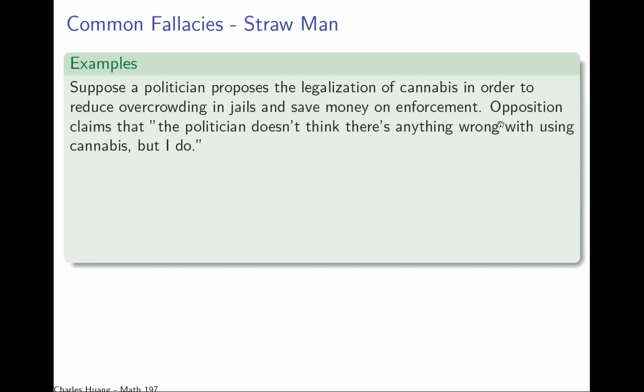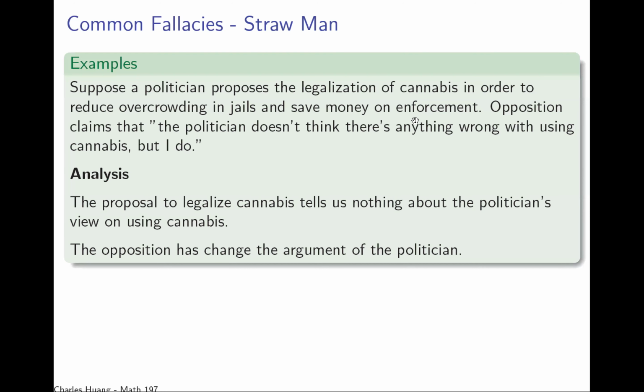Now, the opposition is making the argument that the first politician over here doesn't think there's anything wrong or doesn't think there's any problem with using cannabis. Now, what you'll notice in this case is a little bit more complicated.